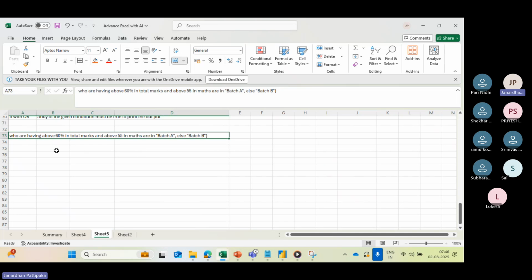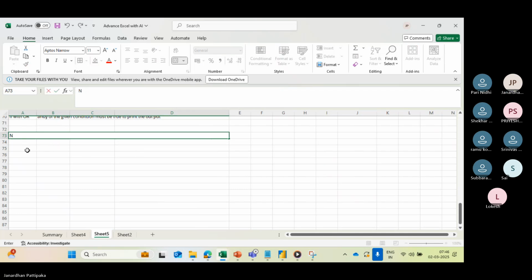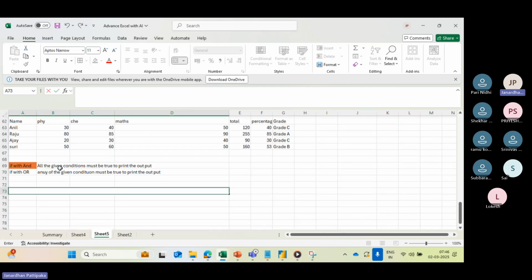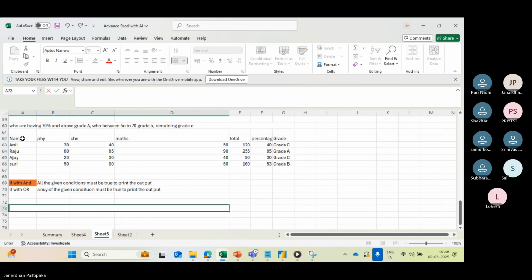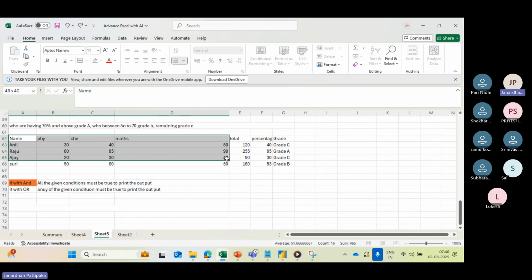Suppose I'm giving the name of this person. I'm giving this name and I will take these marks: physics, chemistry, maths, and I will take the total.